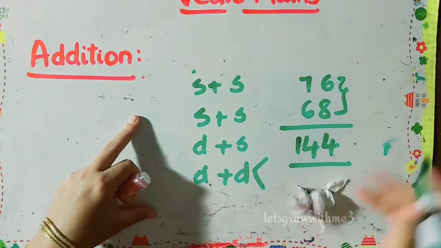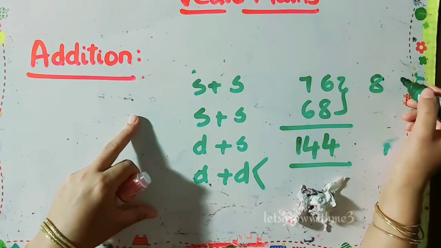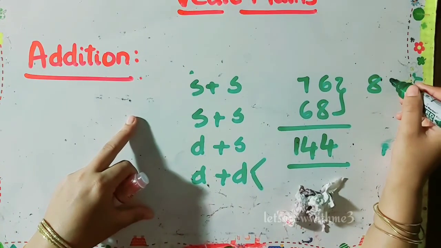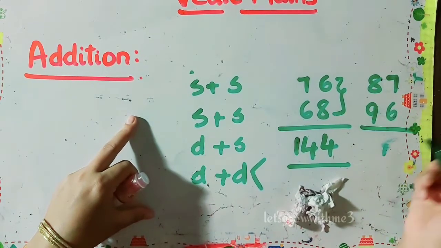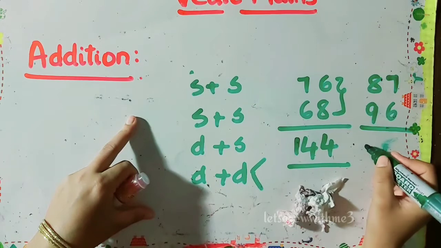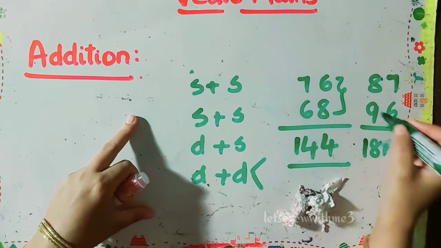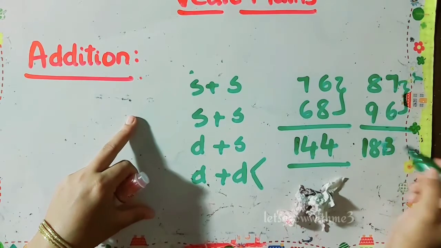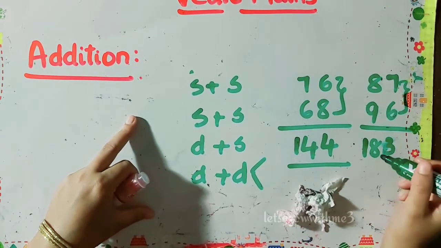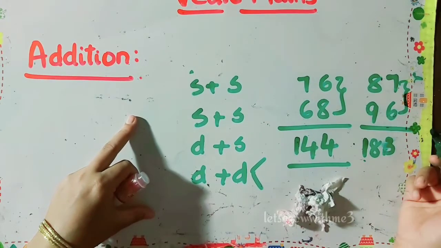Okay, next one, 87 plus 96. So 8 plus 9 is 17, plus 1 is 18, then 6 plus 7, the end number is 3. So the answer is 183.